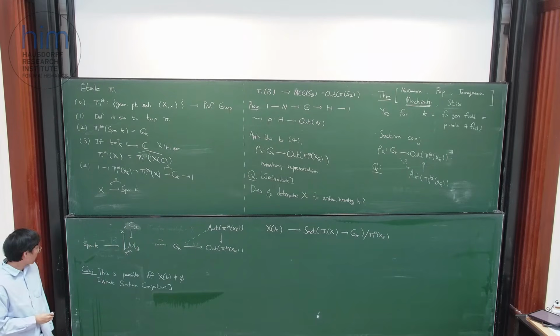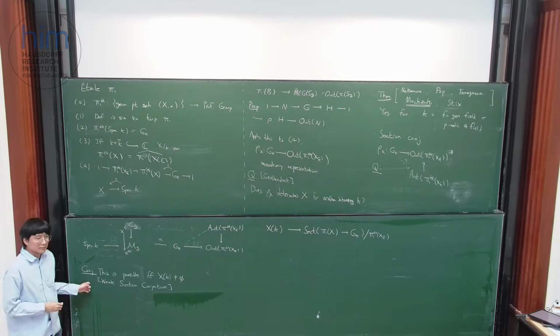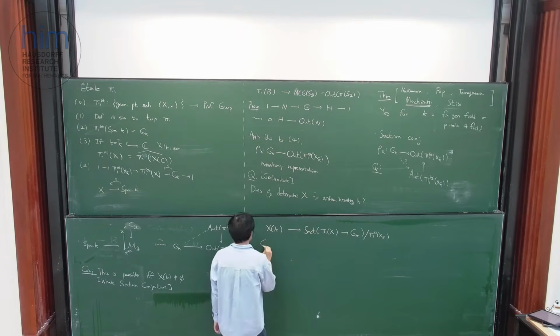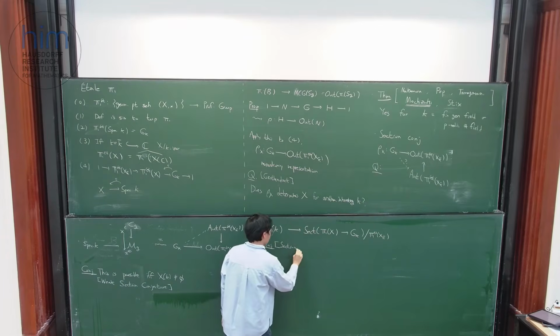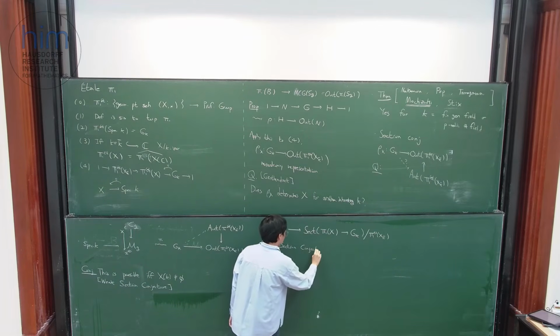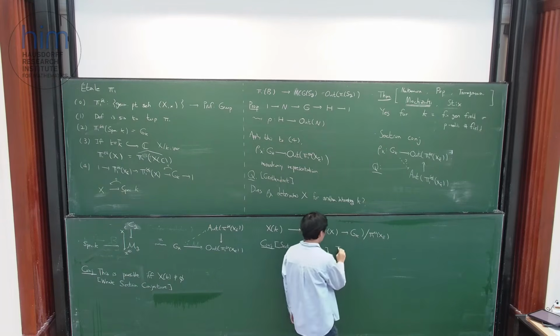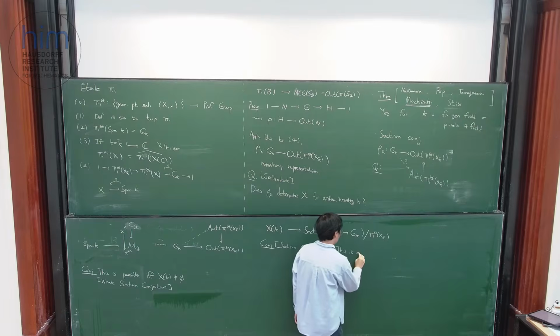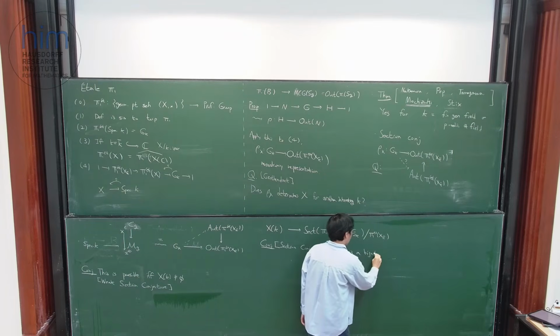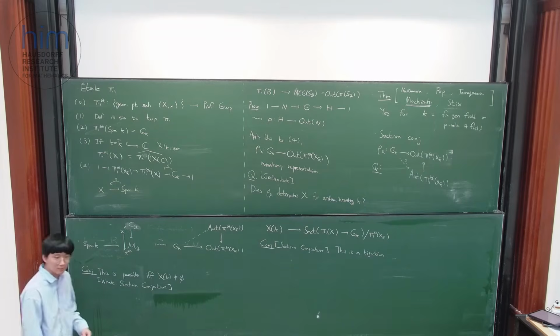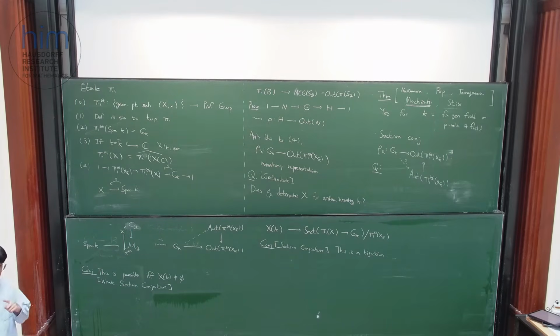So considering this, there is a stronger version which is called the section conjecture, which asserts that this is a bijection. For this, you have to assume g is at least 2.